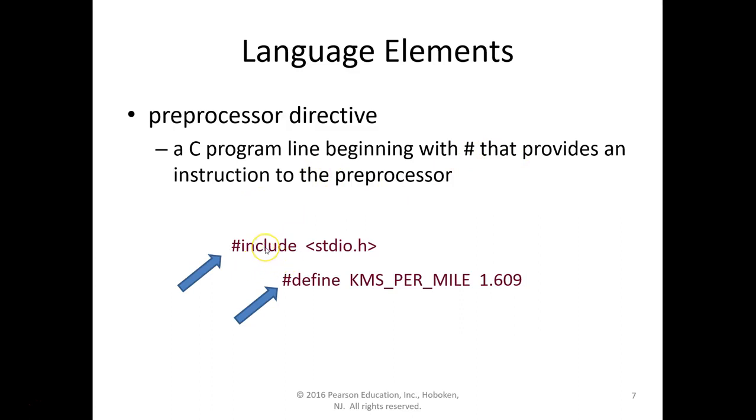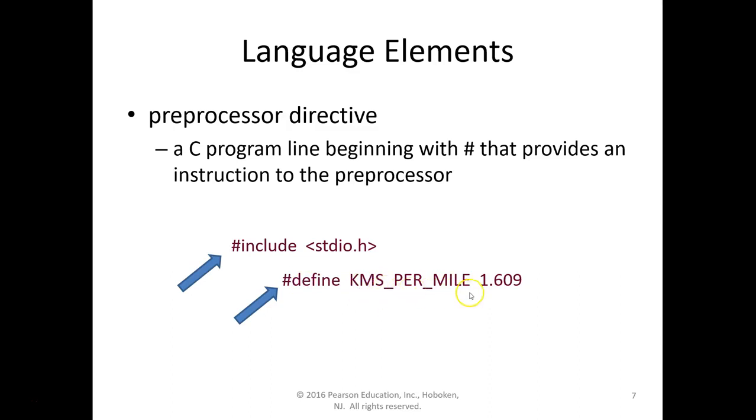It means that before your program compiles, it needs to import this library, standard input output header, so that inside this there are a lot of functions you can use, and we will see that.